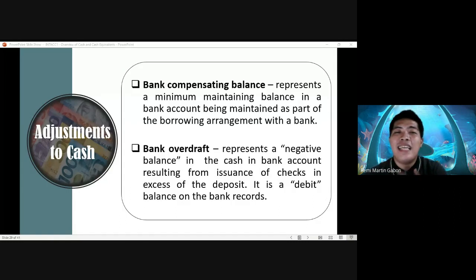Kaya nga, pag naging negative yung bank account, overdraft ng tawag dyan. Especially yung mga drafting or checking accounts natin. Kaya nga, pag negative, debit balance. Pag positive, credit balance. That is, again, on the perspective ni bank. Nagigets ako?